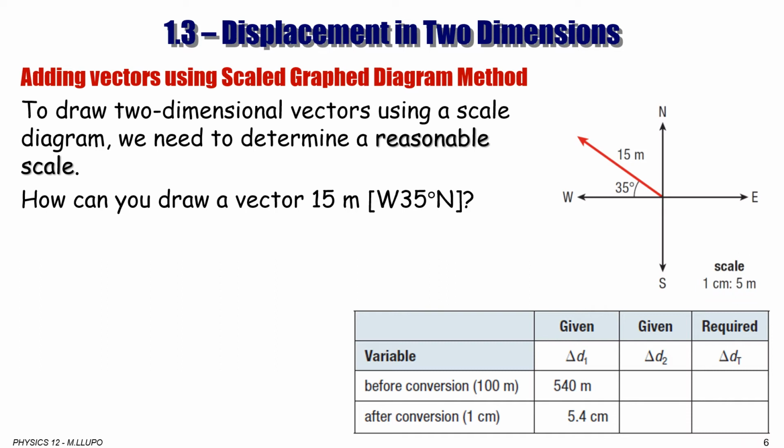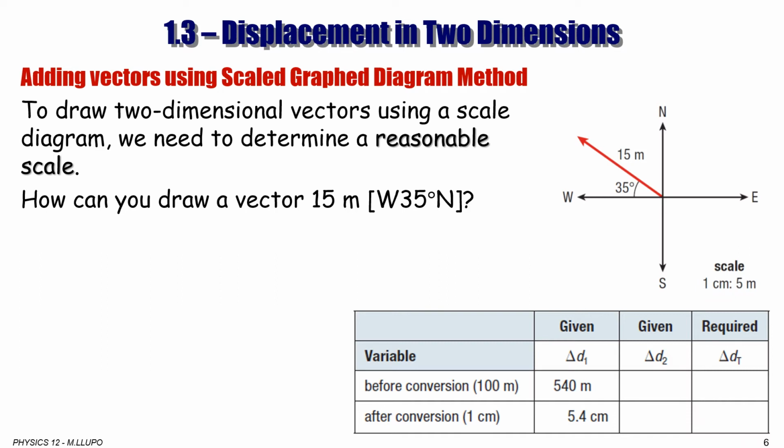Let's give you an example. If you have a 540 meter delta D1 and a 700 meter delta D2, you can draw with the same scale, 1 to 100, a 5.4 centimeter delta D1 and a 7 centimeter delta D2.